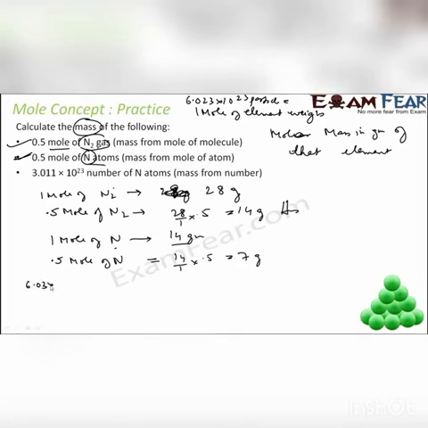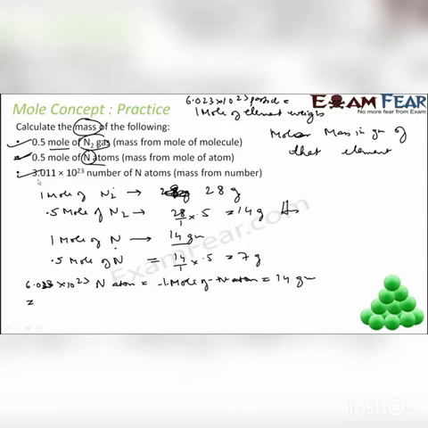So we know that 6.023 into 10 to the power 23 N atoms is equal to 1 mole of N atom, and that is equal to 14 grams, right? So let's ignore this one part now. So we'll have atoms, particles and the weight in one equation now, and that's what you have to find.